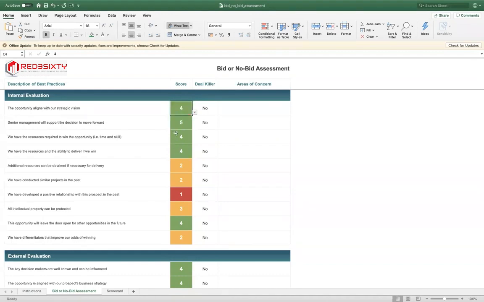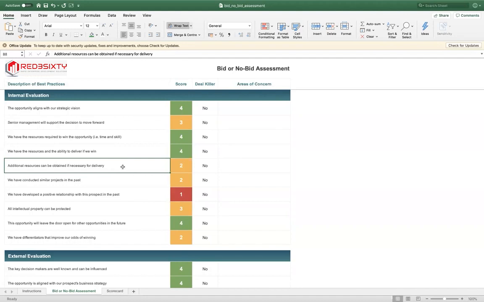Senior management will support the decision to move forward. That means we will have all our people on the team engaged. We have the resources required to win the opportunity. We have the resources and ability to deliver if we win.